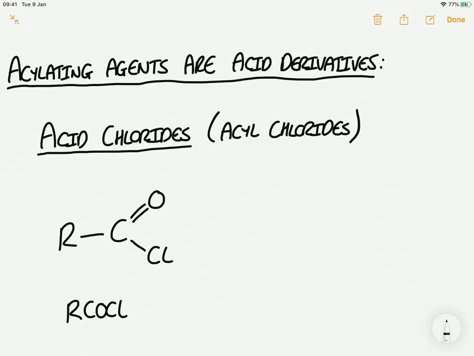They have a generic structure very similar to the one at the beginning, but instead of a Z down the bottom, there's now a chlorine. If you were writing their condensed structural formula, which is something you will have to do as part of equations, then you would write RCOCl.